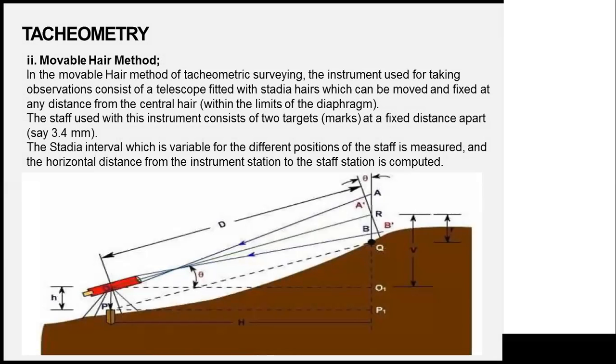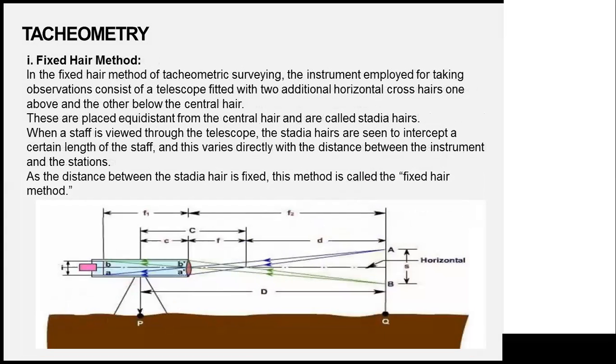In tachometry, there are two types of methods. One is the fixed hair method and the other is the stadia method. Now, this topic is different from the previous numerical that we have solved. I will explain this topic.